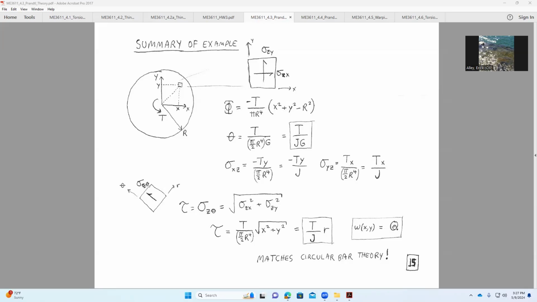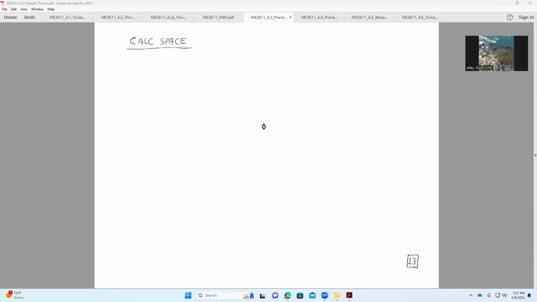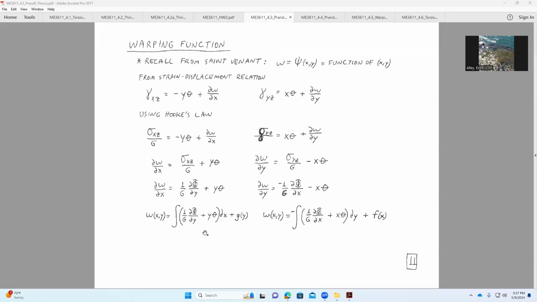Now, warping is supposed to be 0 for a circular bar. So what we want to do is go back and try our warping functions right here. All right, there they are. And we've already got our Prandtl stuff set up, so we're ready to go.